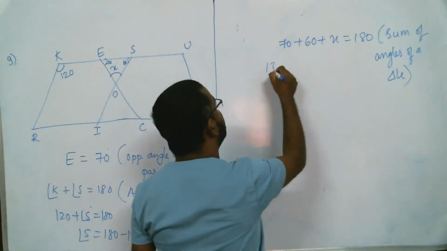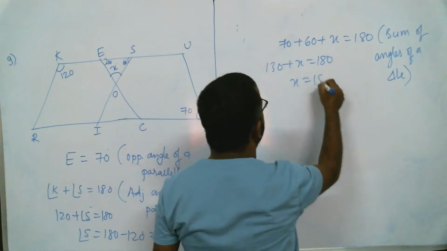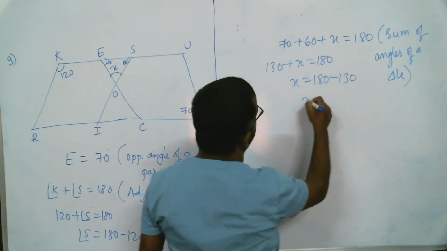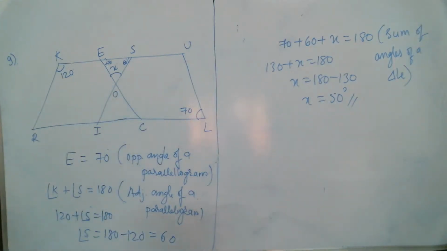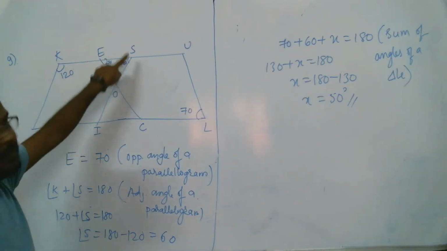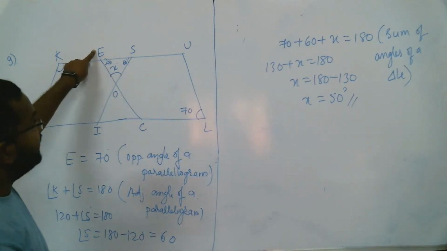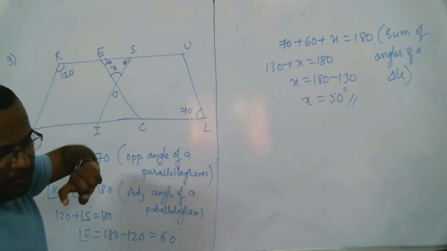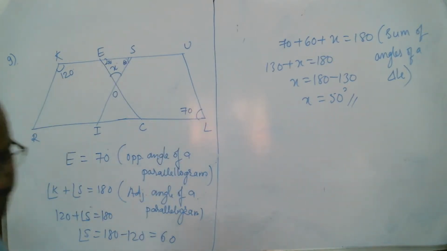So 130 plus x is equal to 180. x is equal to 180 minus 130, so x is equal to 50 degrees. Even when you are writing in your notebook, you must write step by step. In order to find the value of x, we are taking this triangle, finding angle E and angle S, and after that we are finding the value of x.